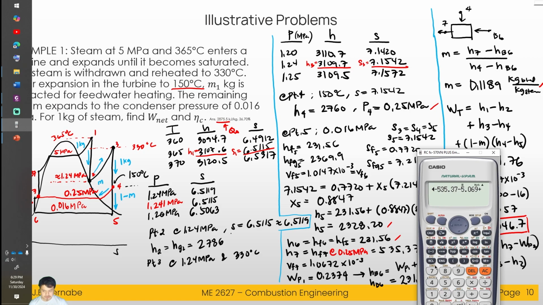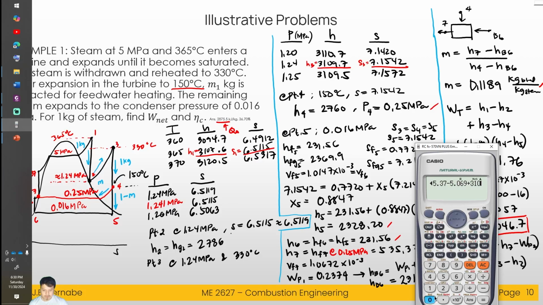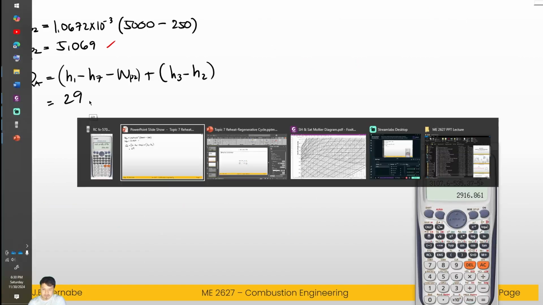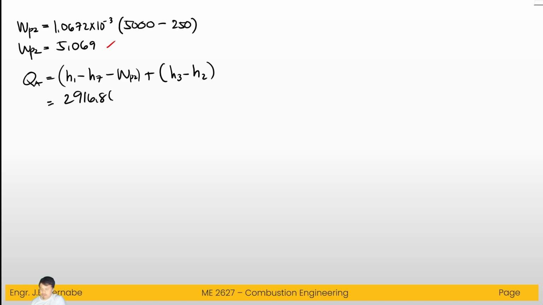Then plus H3, 3109.7 minus H4, 2760. So the answer is 2916.86. So this will be your QA.